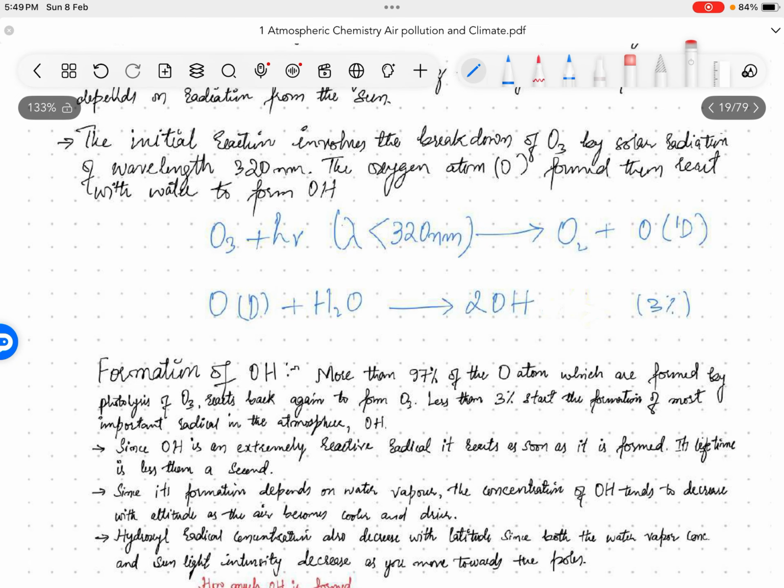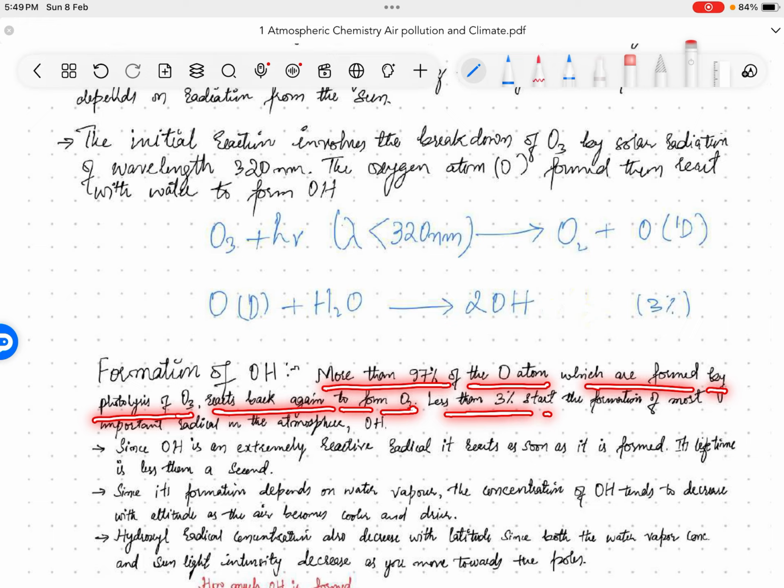So it has been found that more than 97% of the oxygen atoms which are formed by photolysis of ozone react back again to form ozone. Only 3% starts the formation of the most important radical in the atmosphere, that is OH radical.